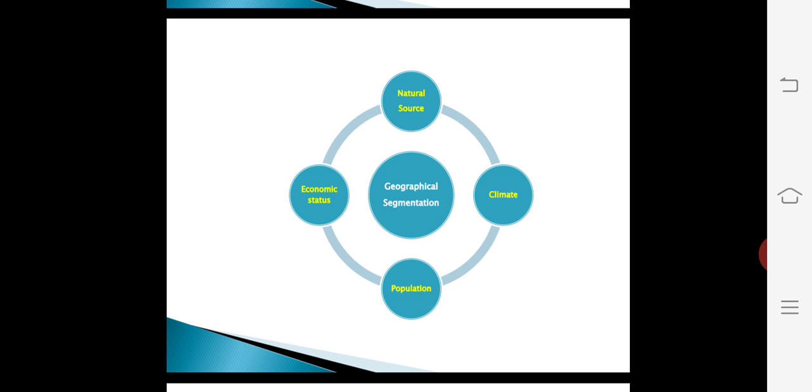Okay, the third one is population. So you see, the population as well as the density of population are a matter of concentration, and the marketers divide the market based on the population of a particular geographical location. Nowadays, for international marketers, India and China are two appealing areas where every business wants to start or continue their business.